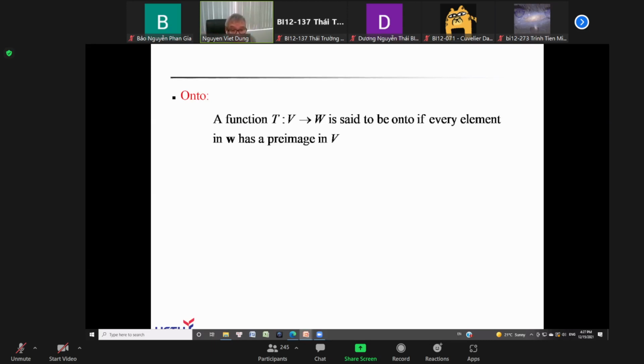A function T from V to W will be said to be onto if any w in the codomain has at least a pre-image in the domain. That is, you can imagine very easy. In that case, the range and the codomain must coincide, must equal each other. So T is onto W when W equal to the range of T. That is an explanation for that.